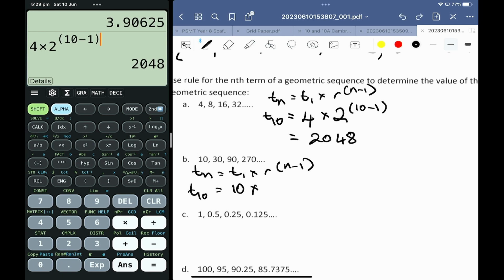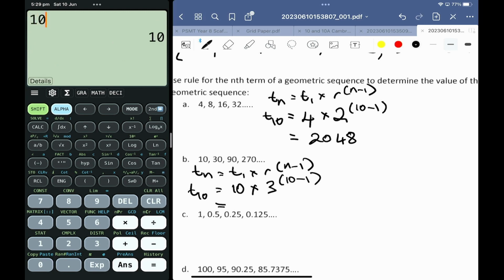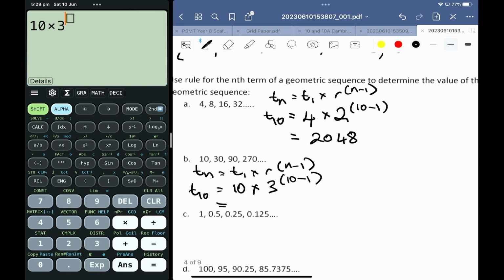So we have a ratio of 3. It's multiplying by 3 each time. N is still 10, so that is n minus 1. It becomes 10 minus 1. And then we plug this straight into our calculator. Probably should do the brackets just to make sure. 196.